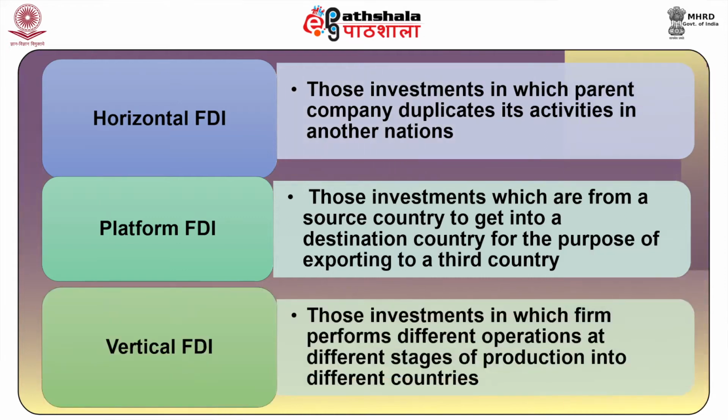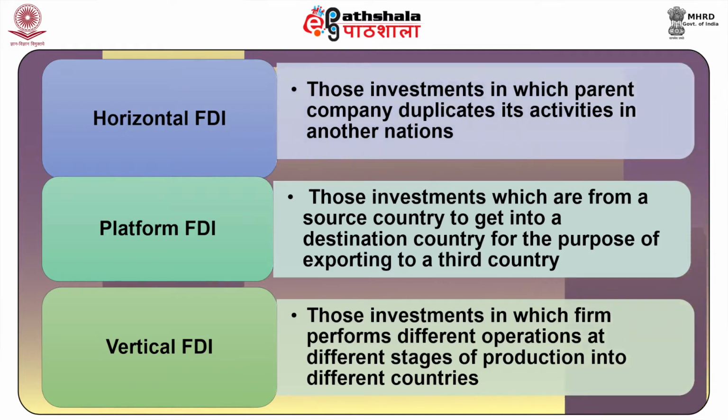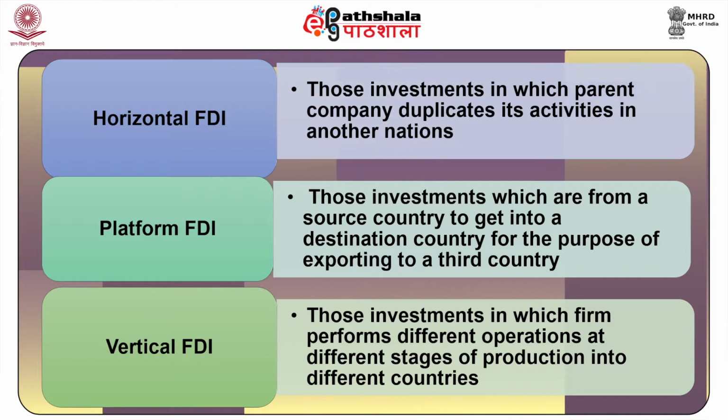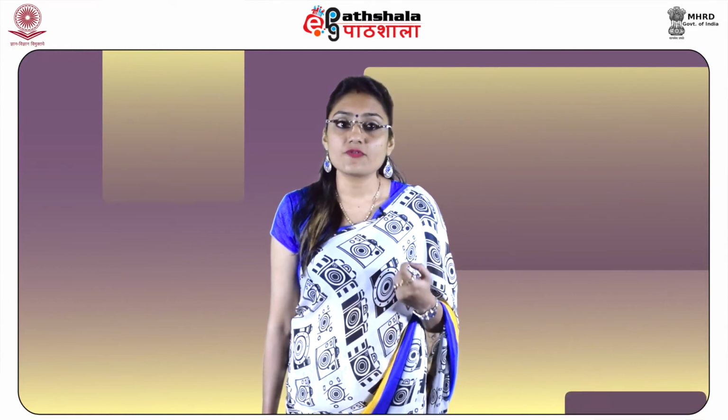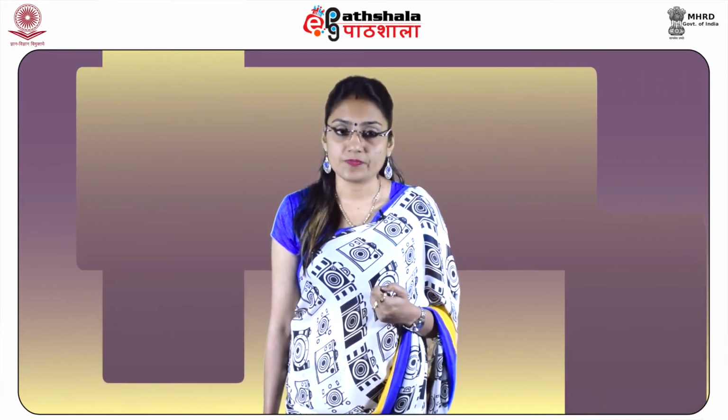Third is vertical FDI, which comprises investments in which a firm performs different operations at different stages of production in different countries. Foreign investment was introduced in 1991 under the Foreign Exchange Management Act, popularly known as FEMA, F-E-M-A. Since then, India has liberalized its regulations to a major extent.